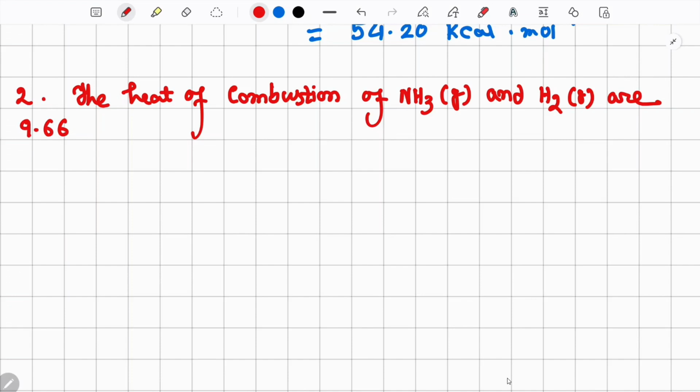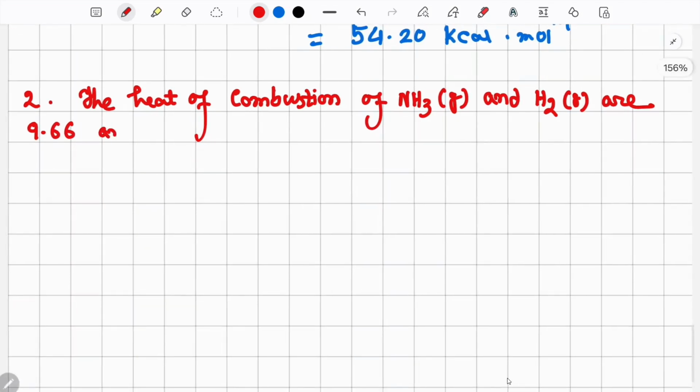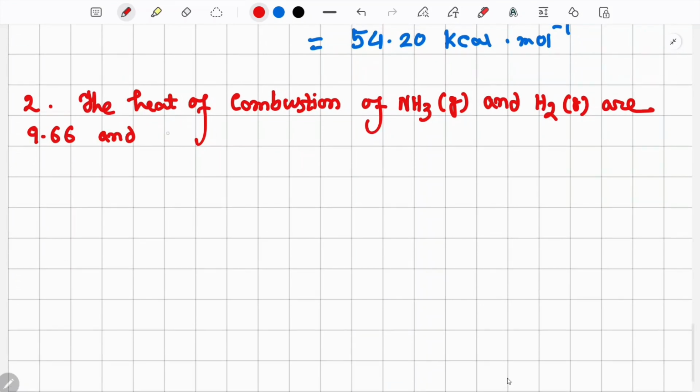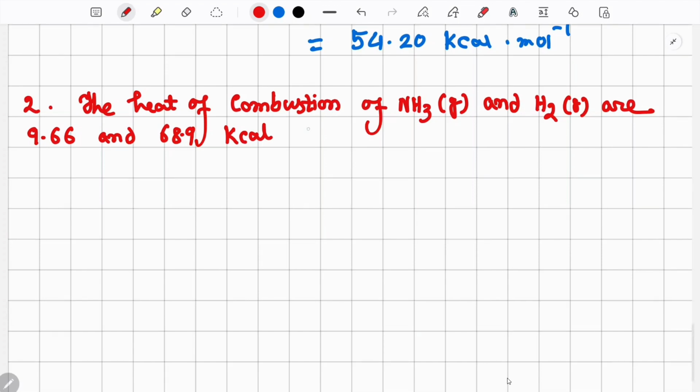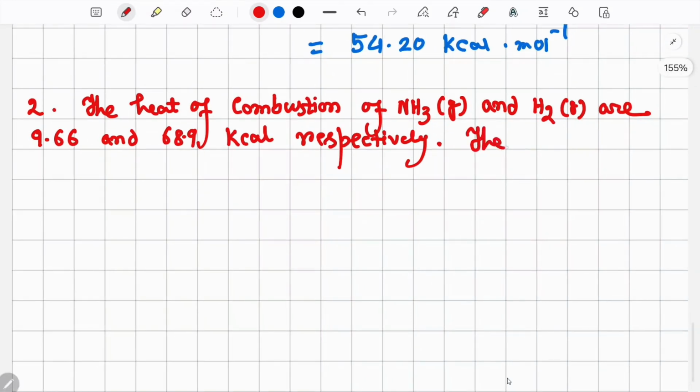What is written? 66 and 68.9 kilocalorie respectively. Per mole is not written because you see this is for 1 mole of gas. Calculate the heat of formation of ammonia.